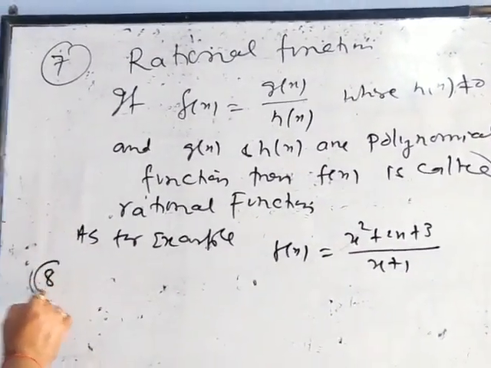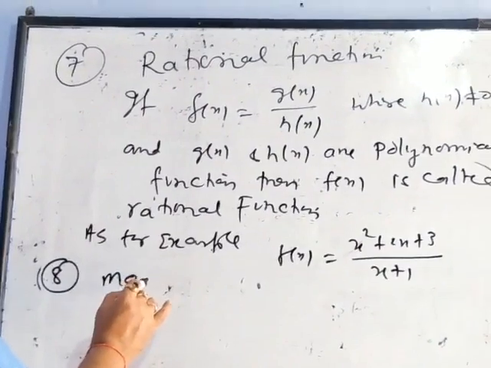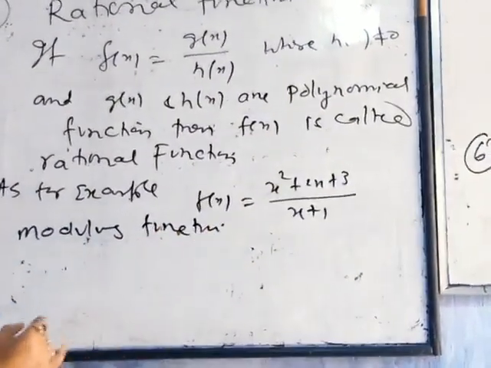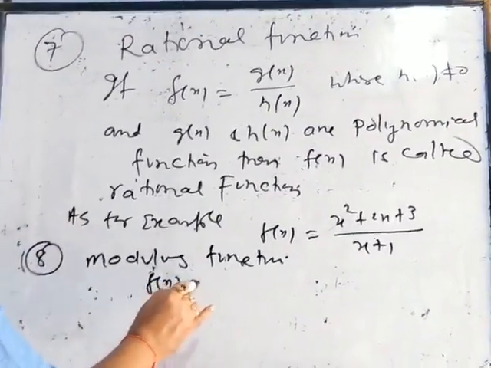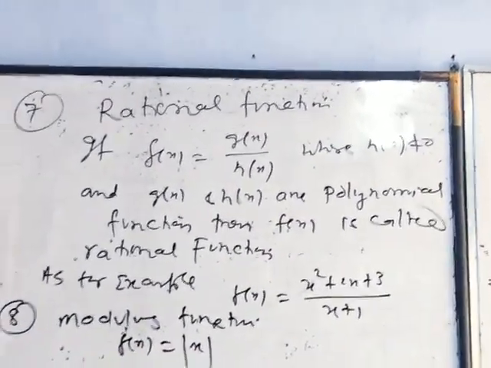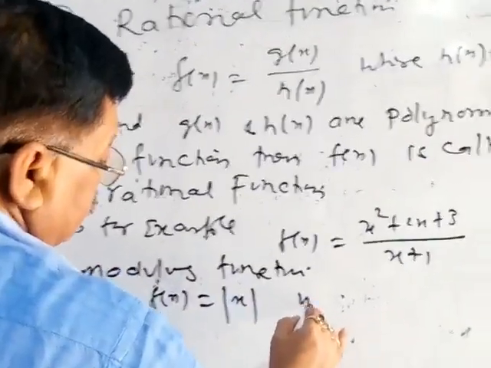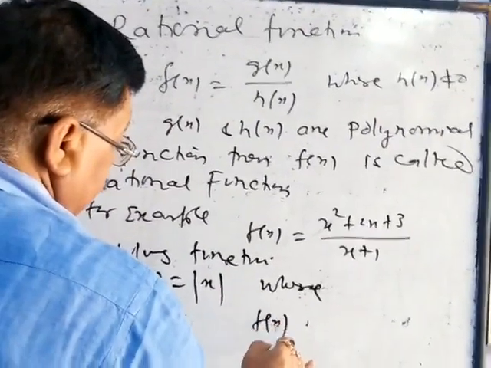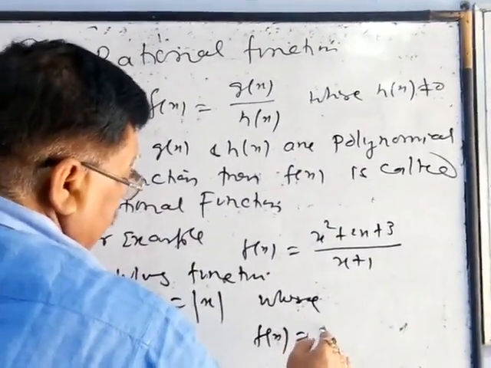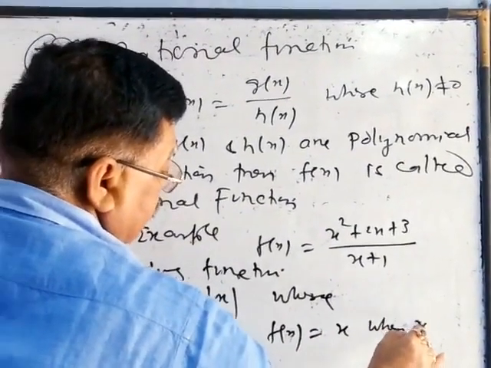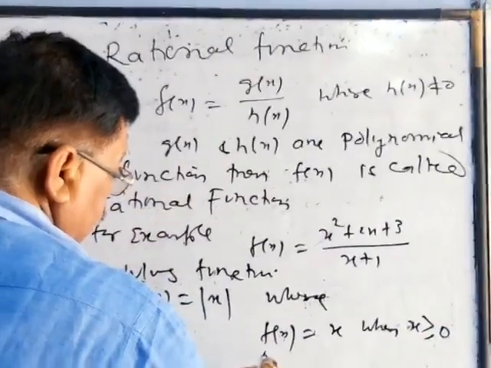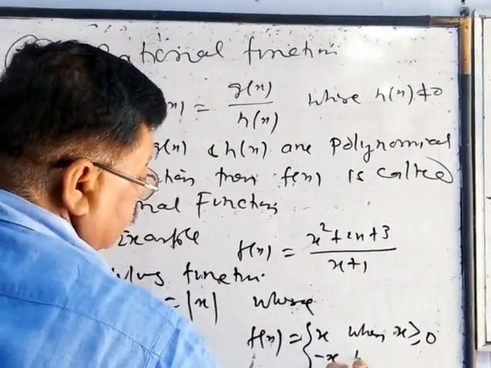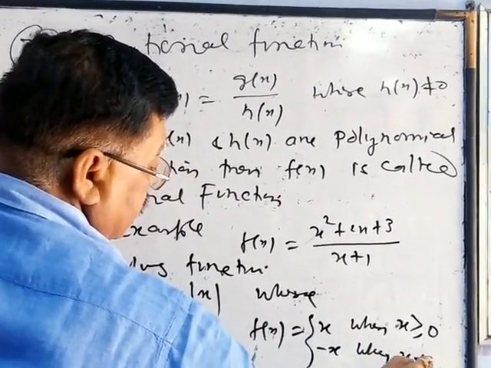Now the modulus function: f(x) is equal to mod x, where f(x) is equal to x when x is greater than or equal to 0, and f(x) is equal to minus x when x is less than 0.